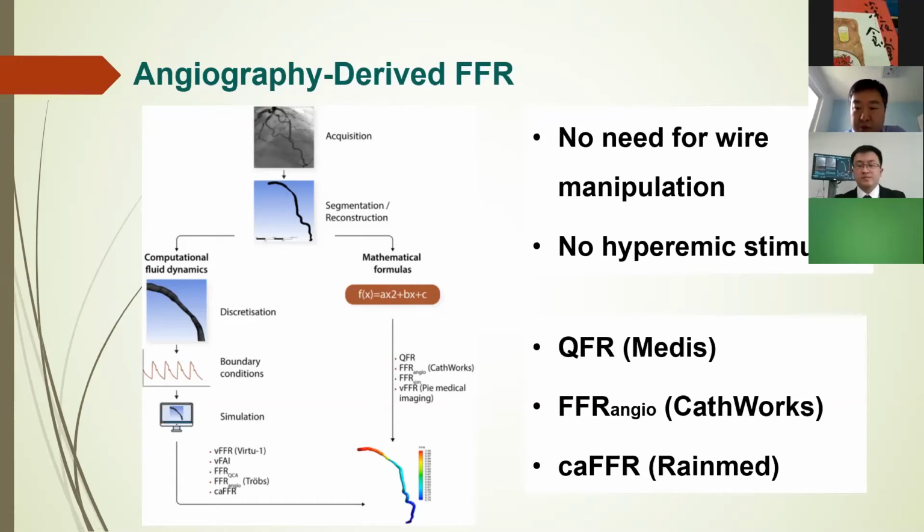Also, we don't need a hyperemia stimulus. In the world, there are only three companies that have finished prospective, multi-center clinical trials: Medis QFR, Cathworks FFRangio, and also RainMed CAFFR. And I remember there is a Pie company doing clinical trials, but I'm not sure whether they are finished or not.